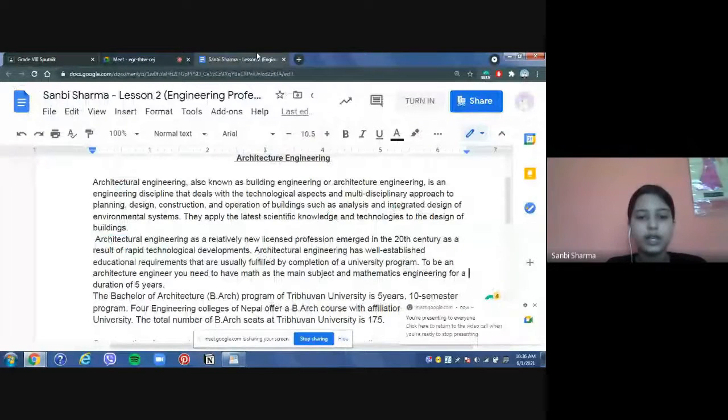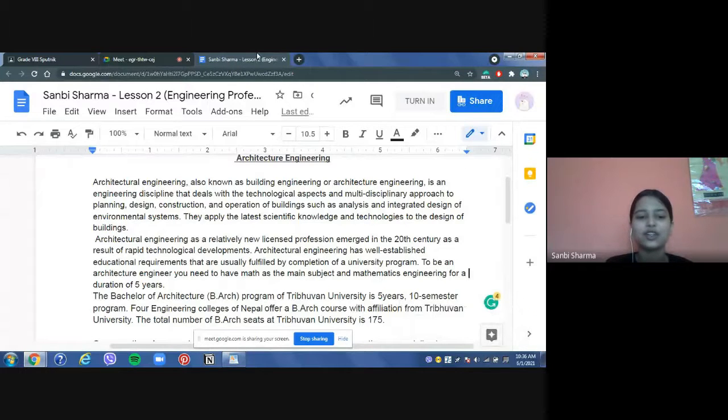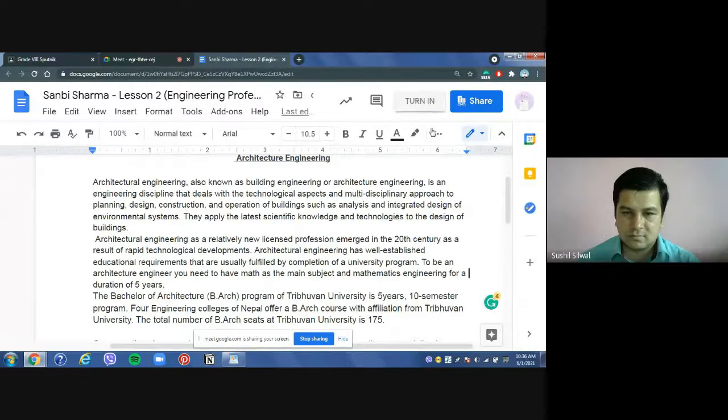Architecture engineering is a relatively new licensed profession that emerged in the 20th century as a result of rapid technology development. It has a well-established educational requirement that is usually fulfilled by completion of university programs. To be an architecture engineer, you need to have math as the main subject and study for a duration of 5 years.